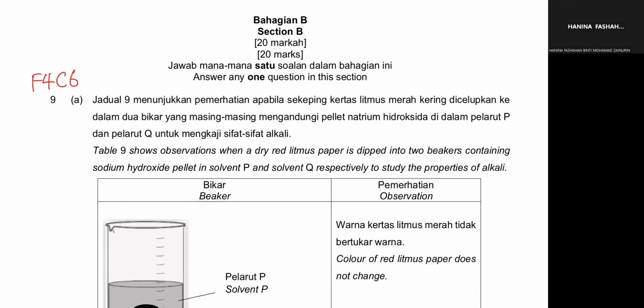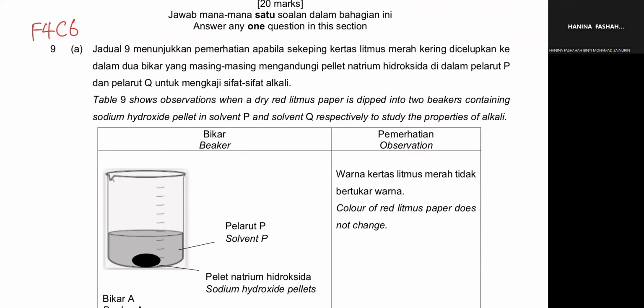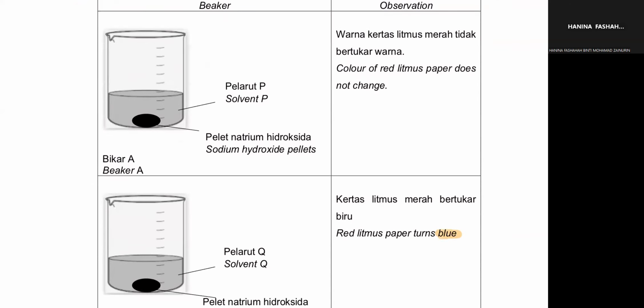In this case they put solvent P or solvent Q in sodium hydroxide pellets. Sodium hydroxide is an alkali. They put it in solvent P, litmus paper does not change. But in beaker B, litmus paper turns blue.